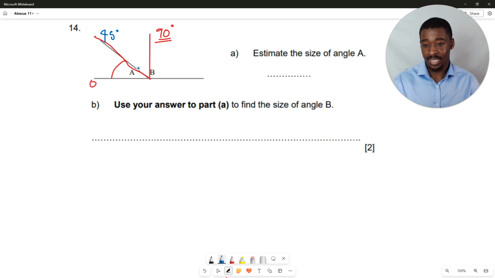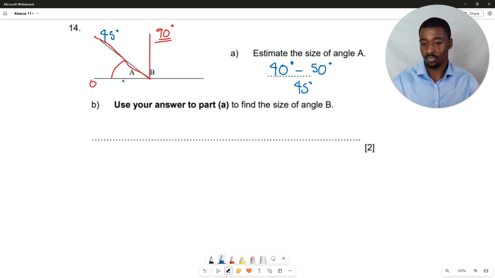So here, there's no exact answer, but I would say for you to get the mark, your answer should be somewhere between 40 degrees and 50 degrees. So any value around there, most commonly being 45 degrees, would be correct.